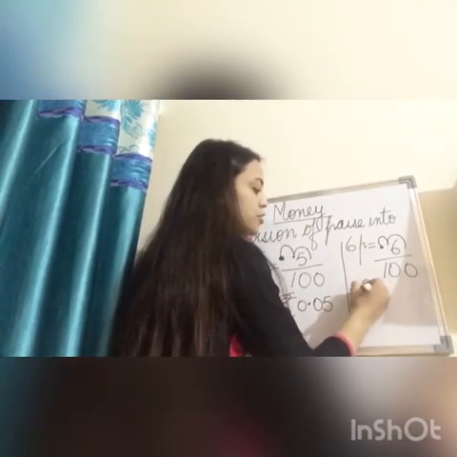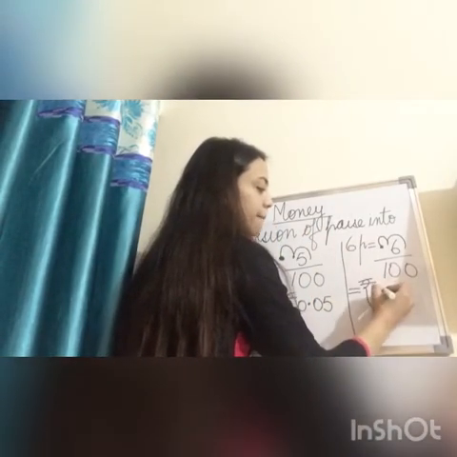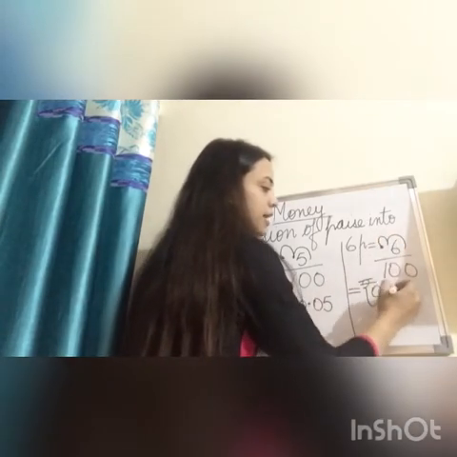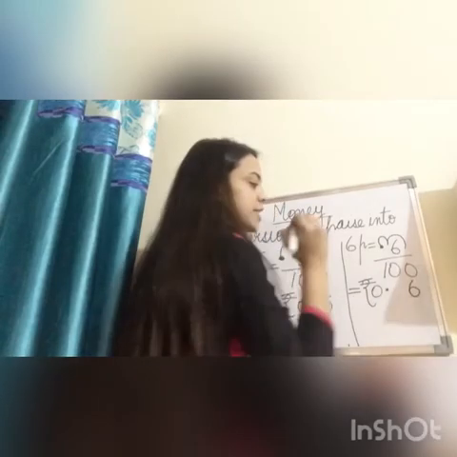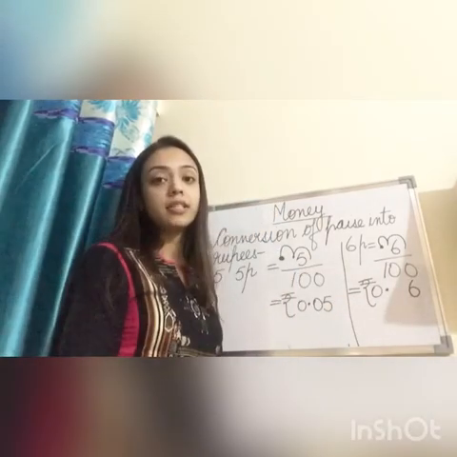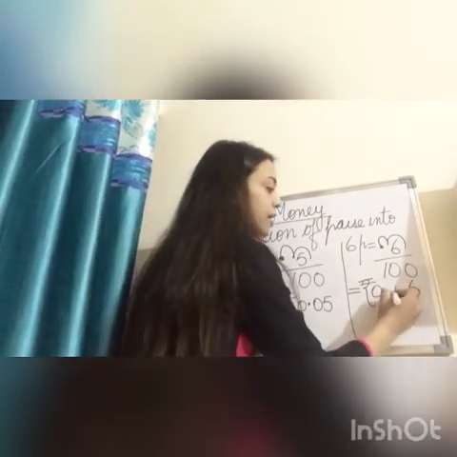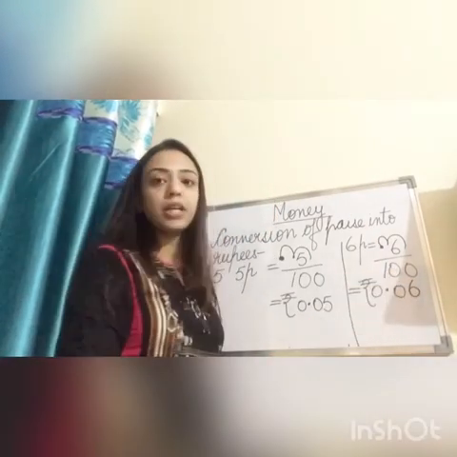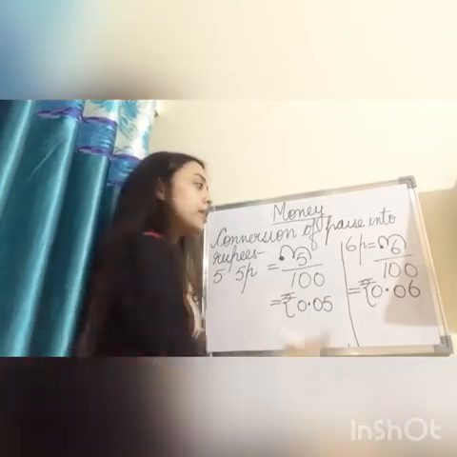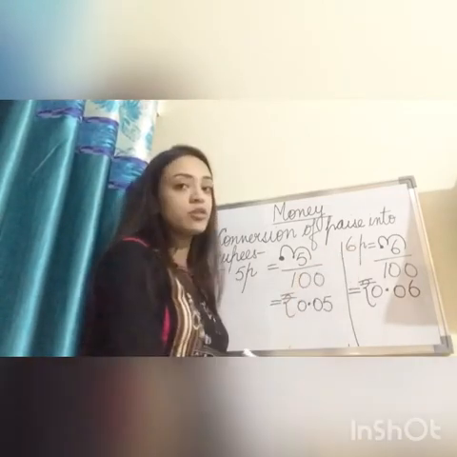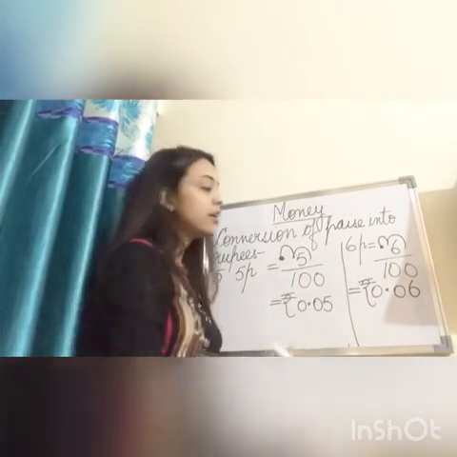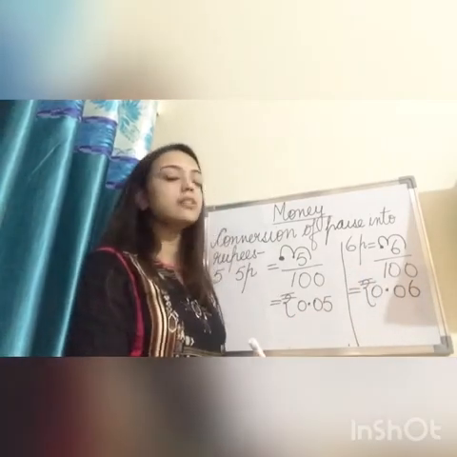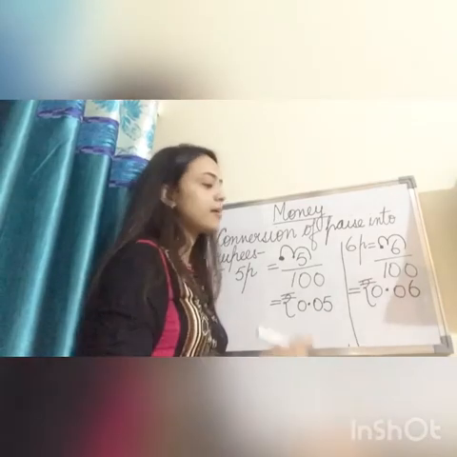It is equal to rupees 0 and then a point, and then there is nothing, so we will write 6. Now the answer is incomplete, so we will add a 0 to make 0.06. If we do not add the 0, that means the answer is 0.6, which is 60 paise. But here we are converting 6 paise, so 60 cannot be the answer. That is why I have added a 0 before 6. So that means the answer is 6 paise.